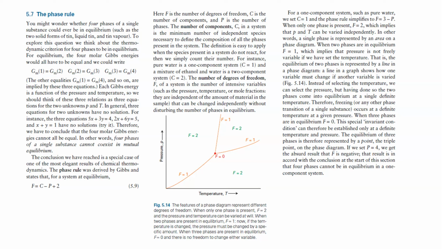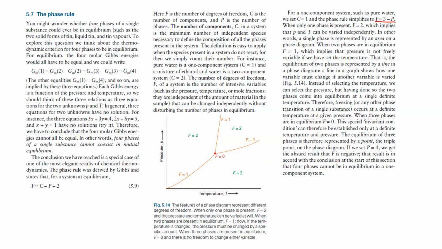For a one-component system, such as pure water, we can set C equals 1, and the phase rule simplifies to F equals 3 minus P. When only one phase is present, F equals 2, which implies that P and T can be varied independently.